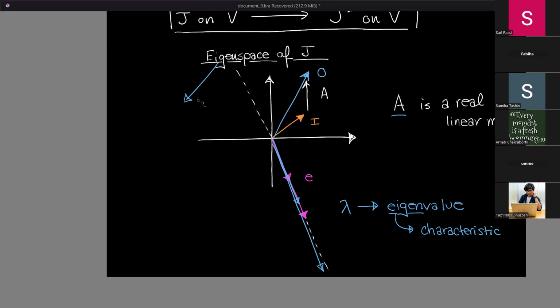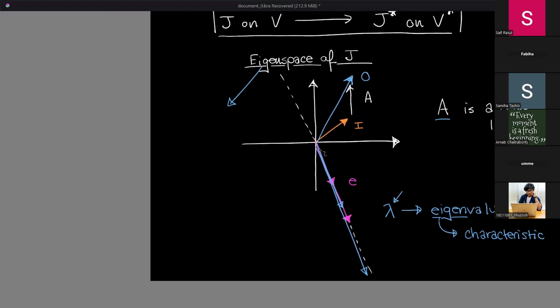So let's say that I have one eigenvalue lambda, and let's say that there are two eigenvectors that have the same eigenvalue. Then I can form a two-dimensional subspace of my n-dimensional space using those two vectors as a basis, and that space is going to be called an eigenspace.